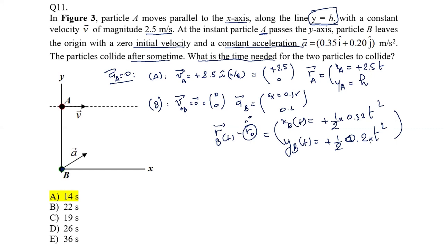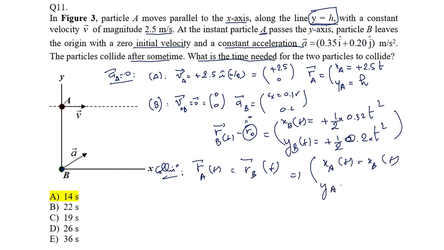So when they meet, what will happen? Of course, RA at the time of collision equals RB at that time. That means XA at that time will be XB at that time, and YA at that time will be YB at that time, and it will be h.